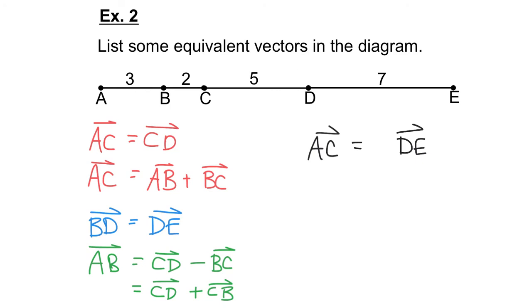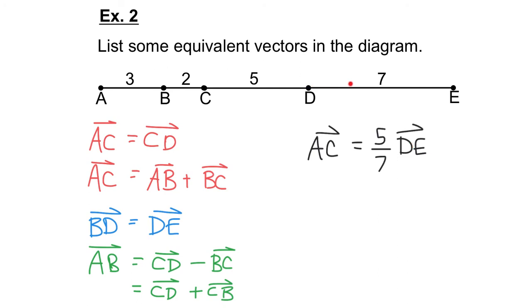Well, if I took DE and I divide it by 7, I'd get the unit vector. And if I multiply it by 5, well, then I'd get a magnitude of 5 going in the same direction as AC. Okay, so another way I can think of it is AC is 5/7 of DE.